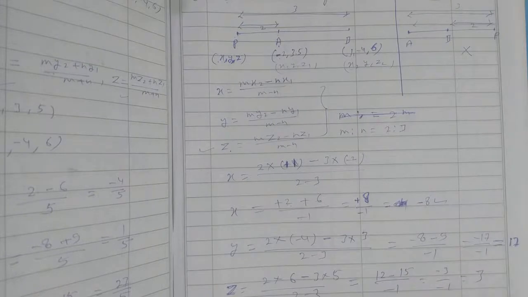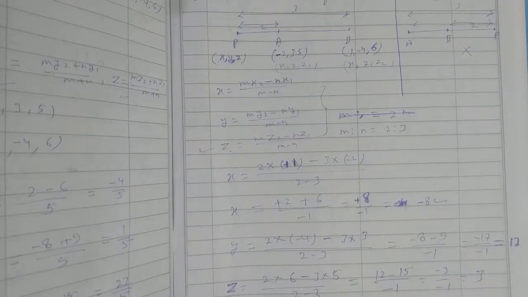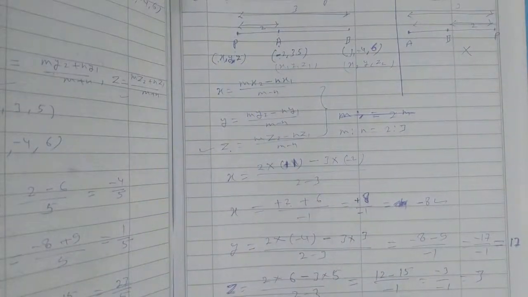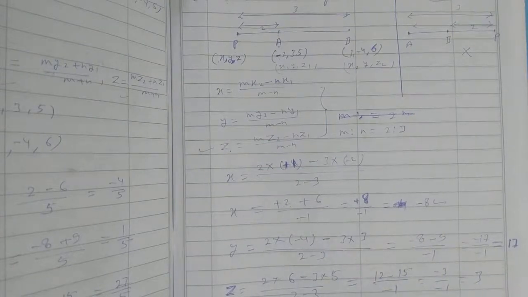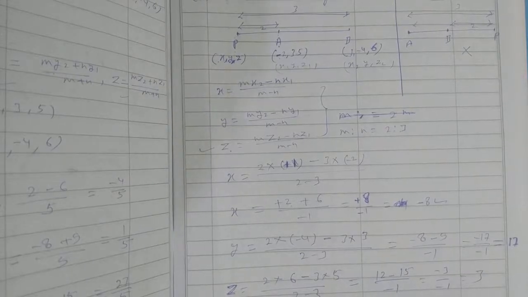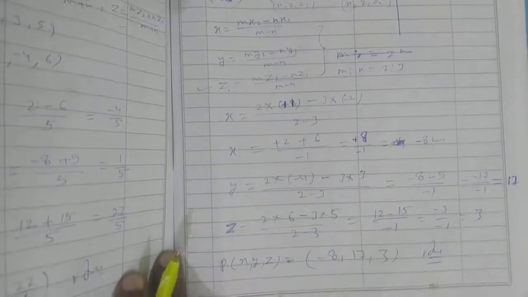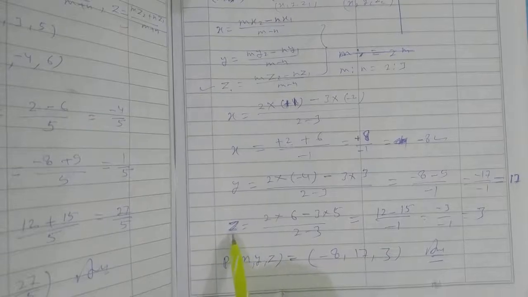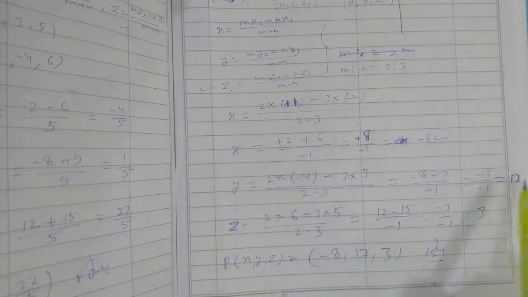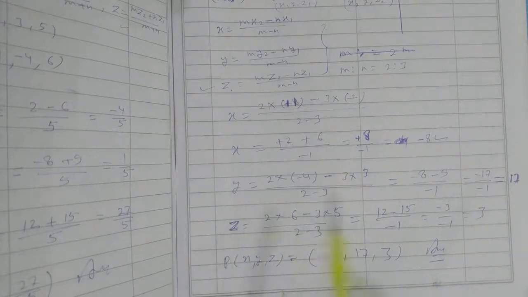The result will be plus 3. According to this way, the coordinate of P is x, y, z. The value of x here is minus 8, value of y here is 17, and value of z here is 3. So this is your final answer.